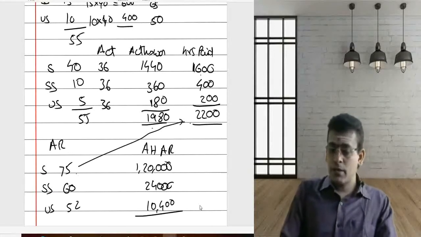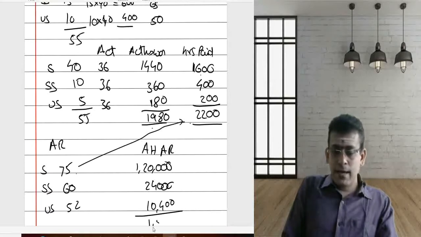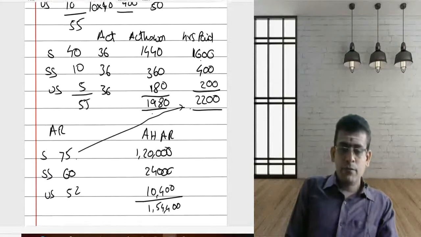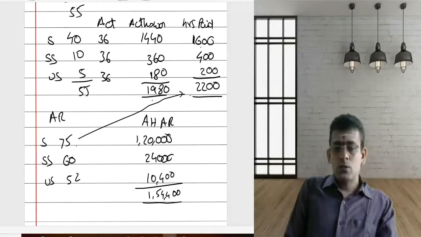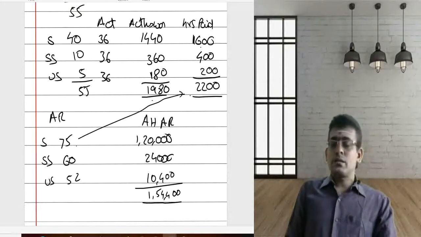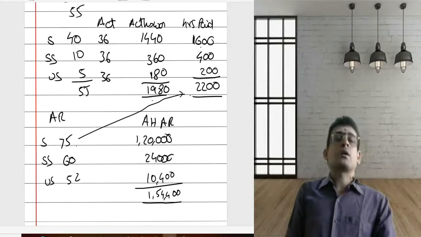So what is the total here? 10,400 plus 24,000 plus 1,20,000 gives 1,54,400. So my AH into AR is going to be 1,54,400.